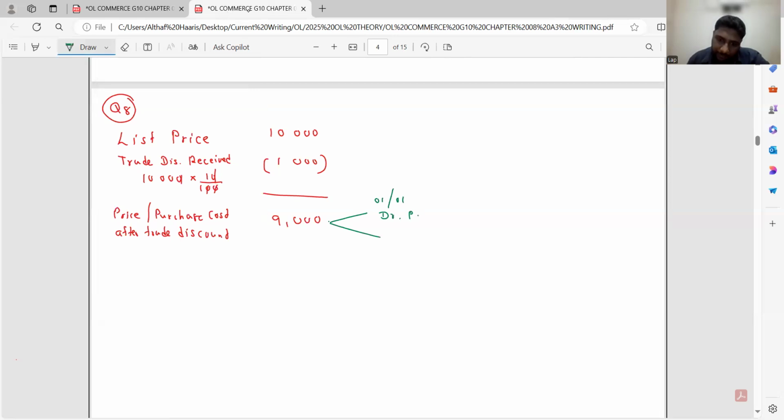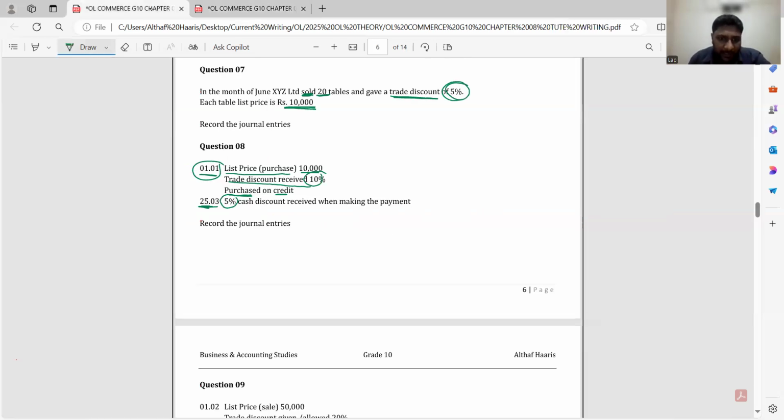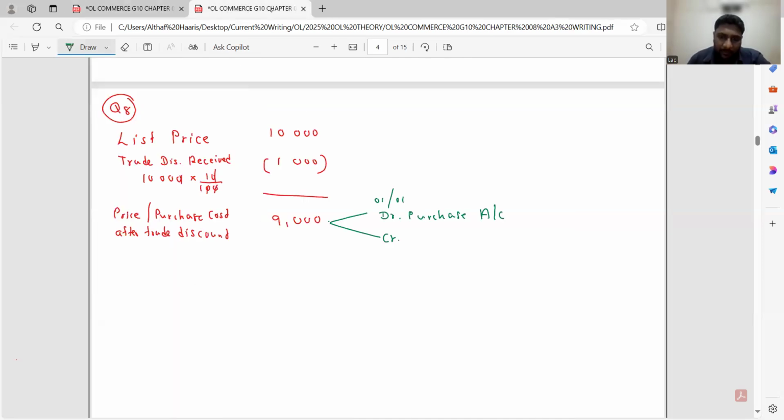Debit the purchase account, credit, it's a credit purchase, so trade creditor or trade payable account, 9,000. So this is the first term.